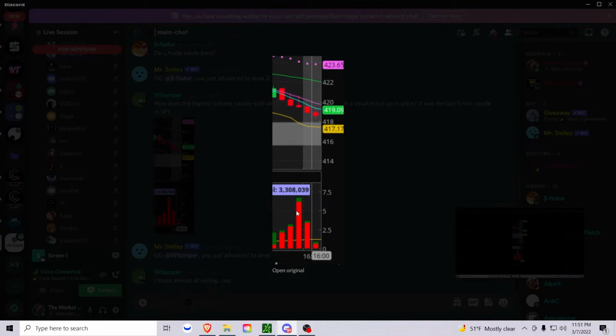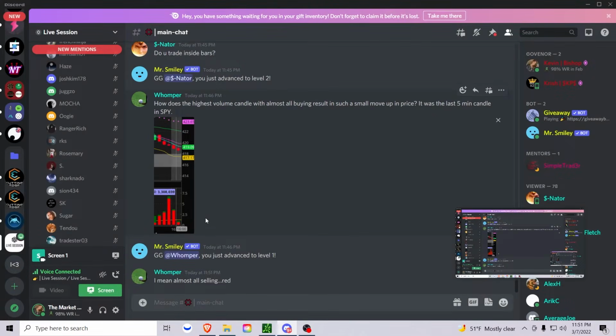But then the selling volume was much more efficient or stronger, whatever term you want to use, that it brought it down. Sometimes you can have very weak buying volume, but it can inflate the price by a lot because there's not that much selling volume at the time to compete with it. Hopefully that somewhat answers your question.